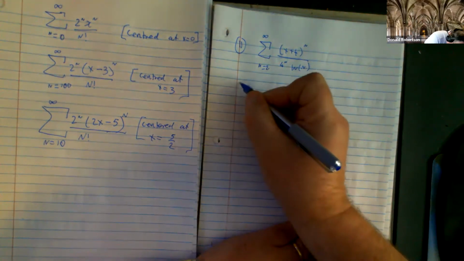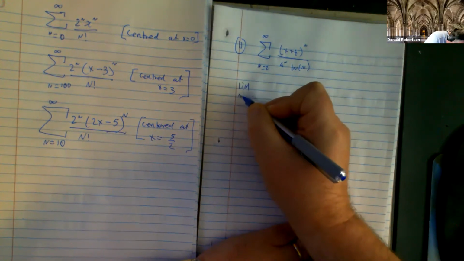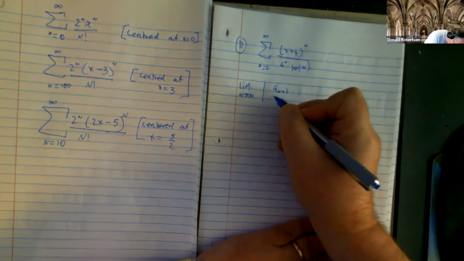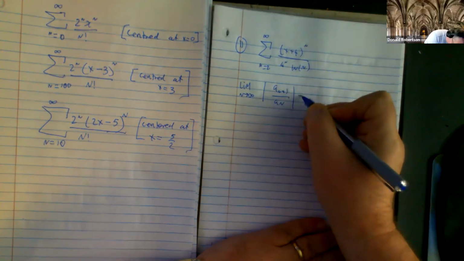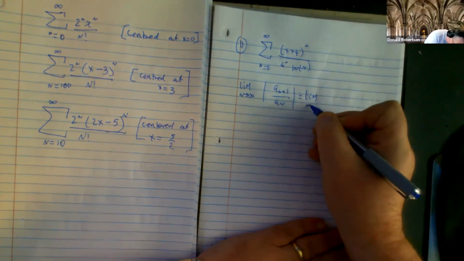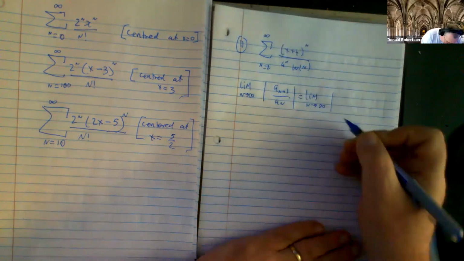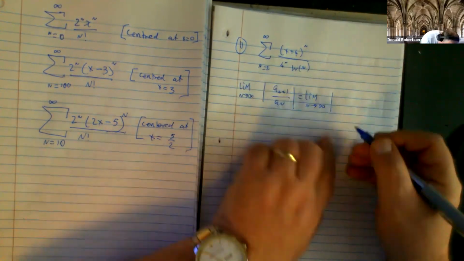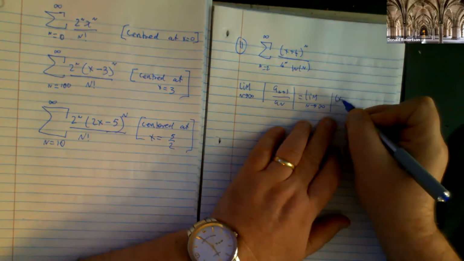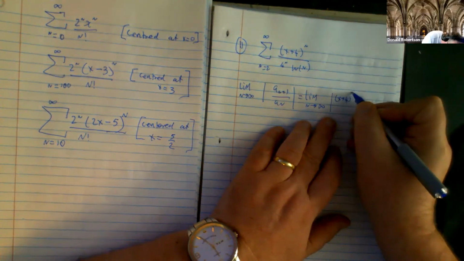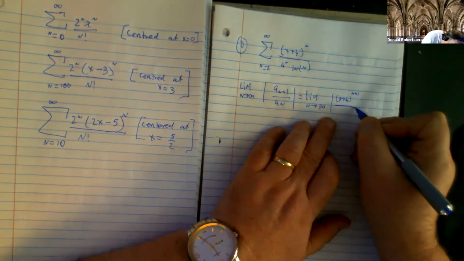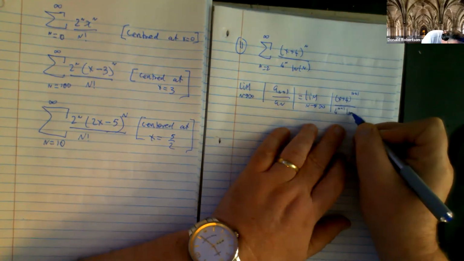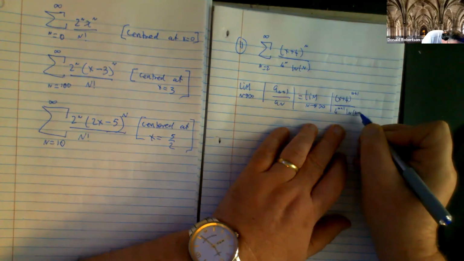So the limit as n tends to infinity of a sub n plus 1 over a sub n. Not changing that at all. If you make the n's, that's this one, and this one n plus 1, you get x plus 4 to the n plus 1, and you get 4 to the n plus 1, and you get the natural log of n plus 1.